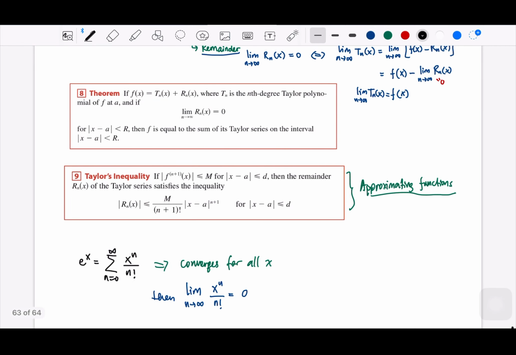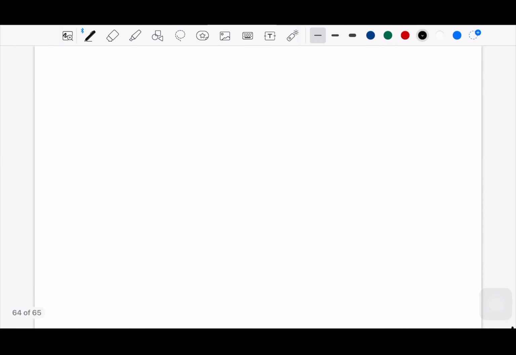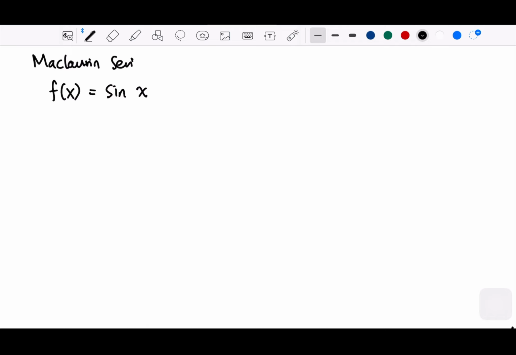Okay, let's take some examples and look at how this works for other functions. Let's start with f of x equals sine x. Start with the Maclaurin series for sine x. How do we develop the terms? You may take a few terms, take a few derivatives.